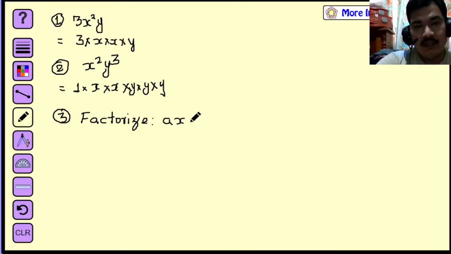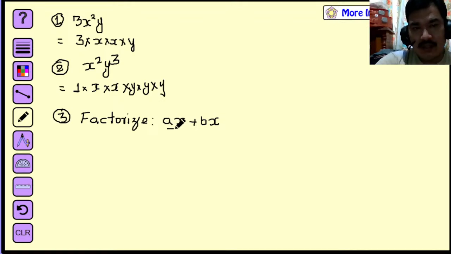Right? And there is another term, suppose bx. It means look here, here is a plus sign. That means here are two terms. How many terms? Two terms, right?